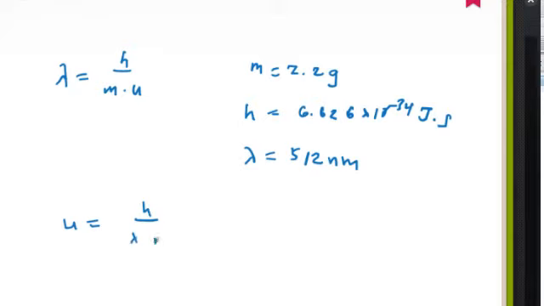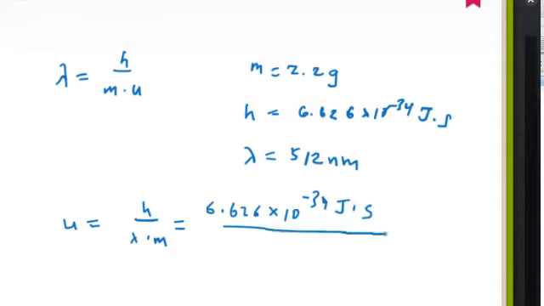This is sort of a plug and chug problem, but you have to be careful to make sure the units are working together. So we have 6.626 times 10 to the negative 34th joules second. Now we have to use SI units. The lambda is 512 times 10 to the minus 9 meters. That's a nanometer.